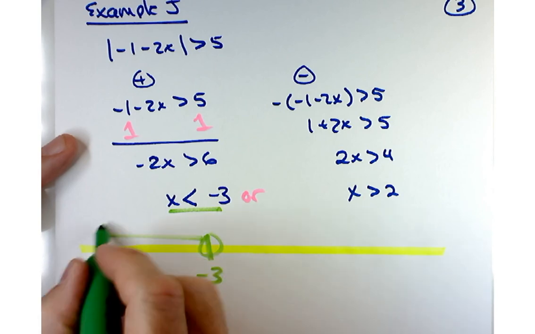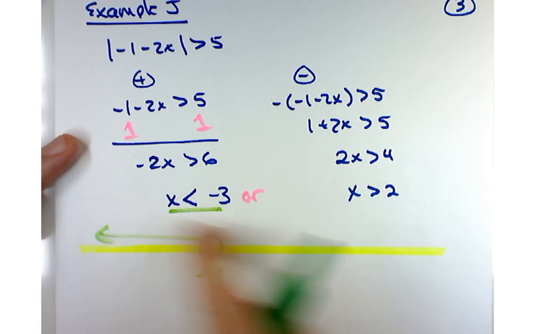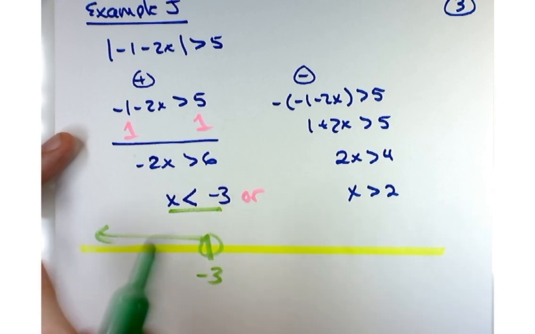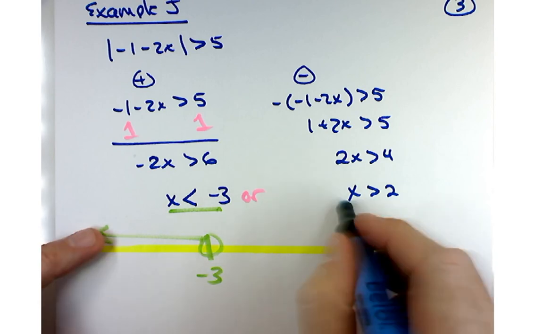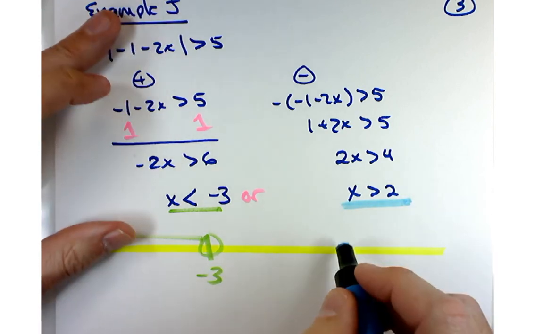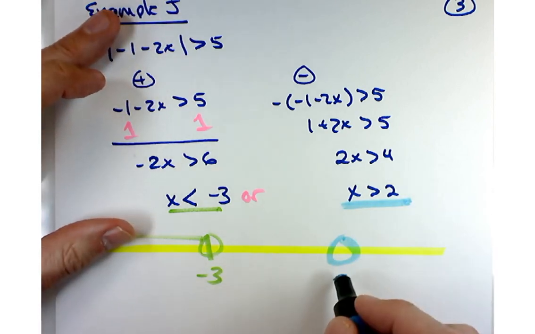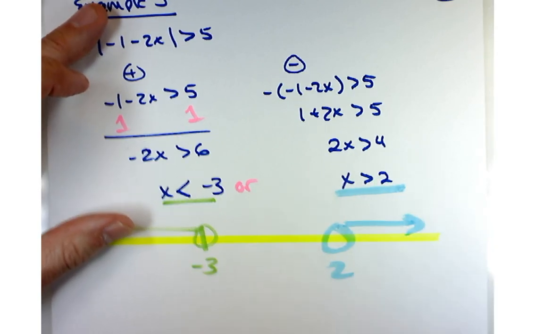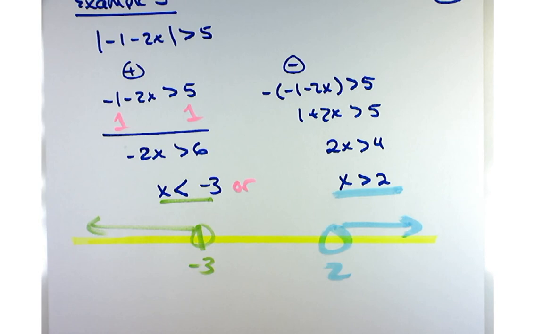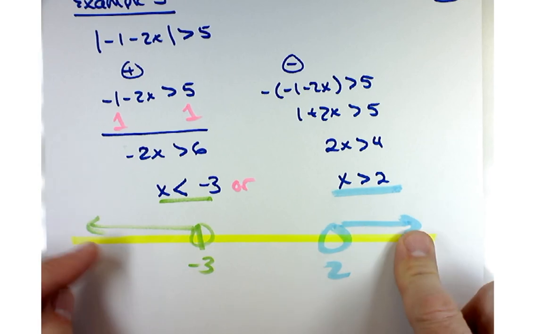When the variable's on the left-hand side, the inequality points in the direction that you're going to draw your arrow. Thanks, Jameson. And then let's do the same over here. That's going to be a hollow dot at 2, arrow to the right. And that's it. There's your solution for your absolute value inequality.